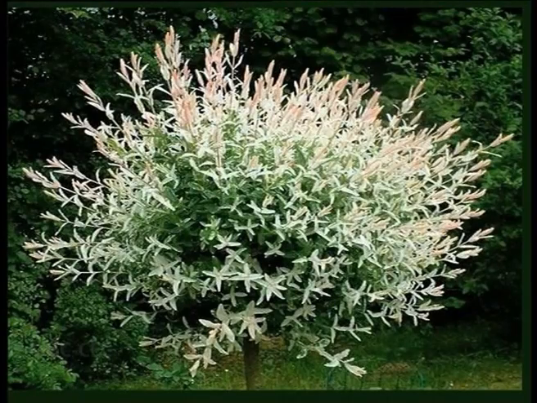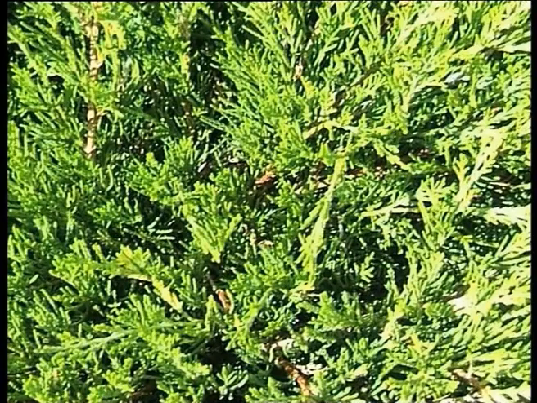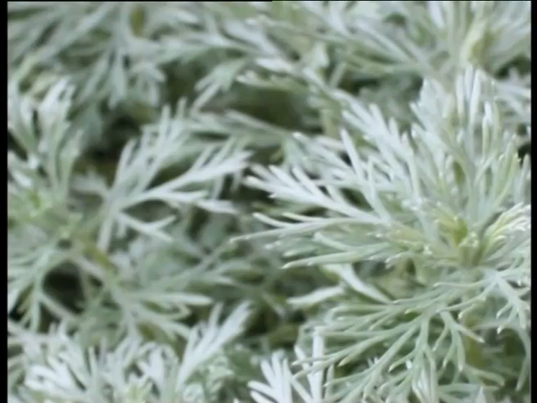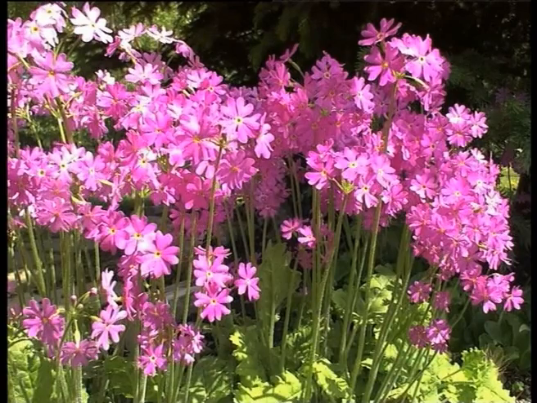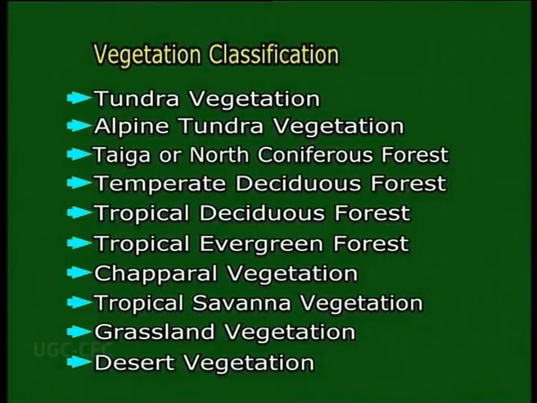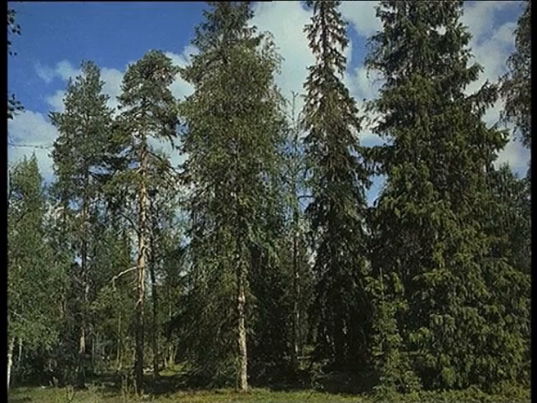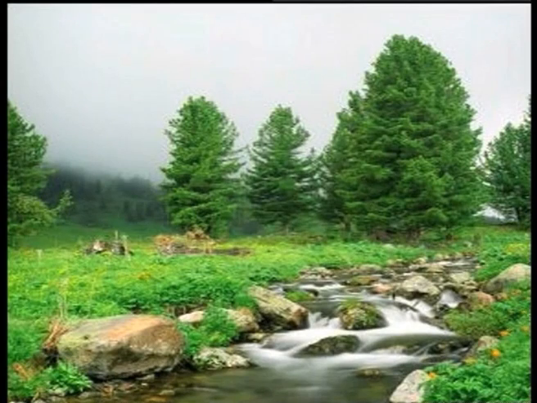Plants include lichens, mosses, grasses, herbs, dwarf willow like Salix, dwarf trees like Juniperus and small shrubs like Artemisia, Primula, etc. The third type of vegetation is taiga or north coniferous forest. Taiga occurs in temperate areas, mostly in the northern hemisphere and parts of New Zealand. Precipitation is both as snow and rain.